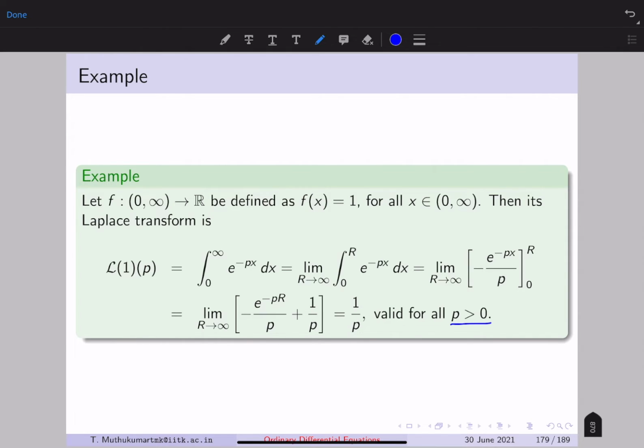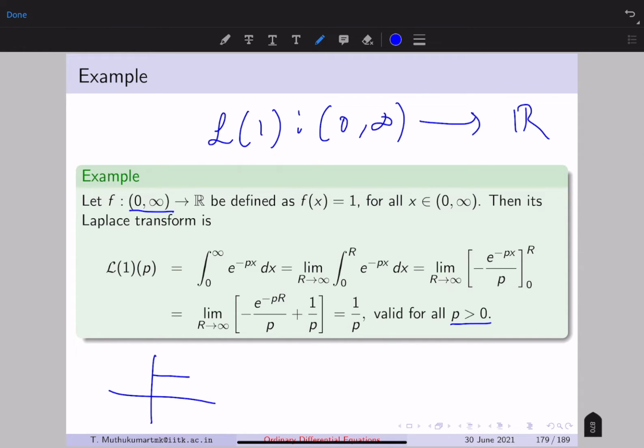So you actually get 1 over p when p is positive. In this case, the Laplace transform is defined for positive p's. The domain of the given function is the positive real line, and the domain of the Laplace transform of 1 is also the positive real line, because p is positive and real valued. What we took was a constant function f, and the Laplace transform was the 1 over x function.